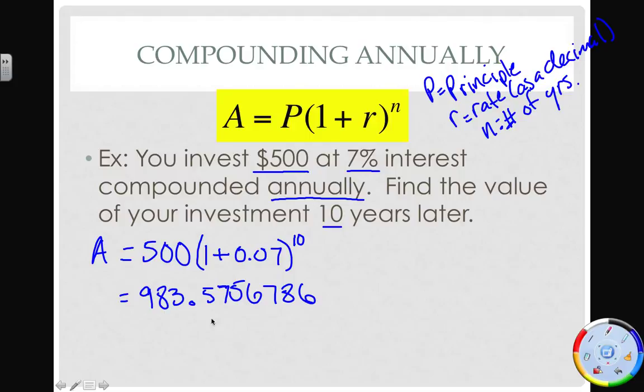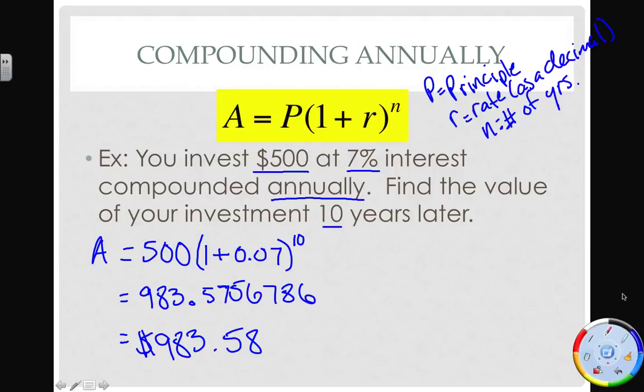983.5756. Now, that number really doesn't make sense in the real world, even though technically banks will use this type of decimal. When we think about what your bank statement is going to say, your bank statement will probably say $983.58, even though the bank might actually write out 0.57, just because that's the way banks work sometimes.